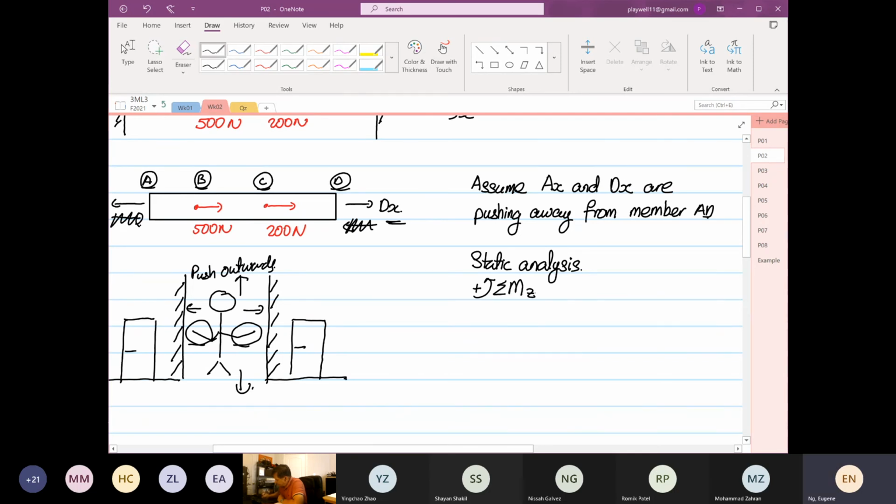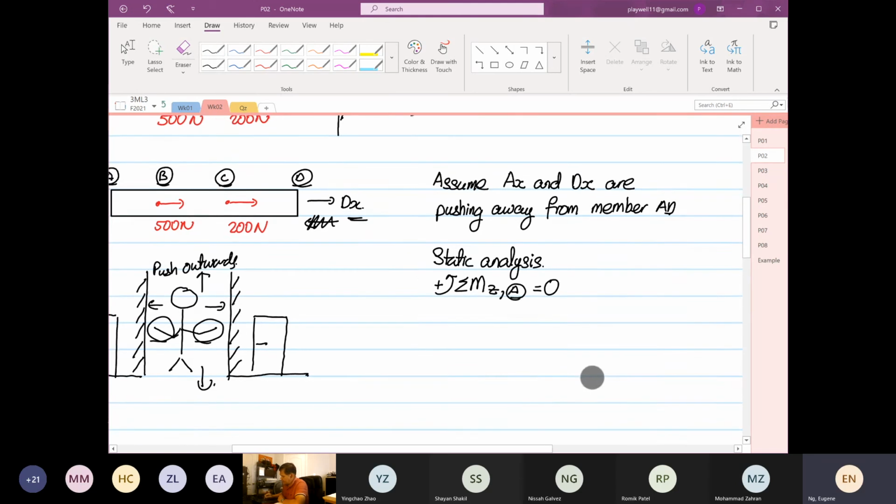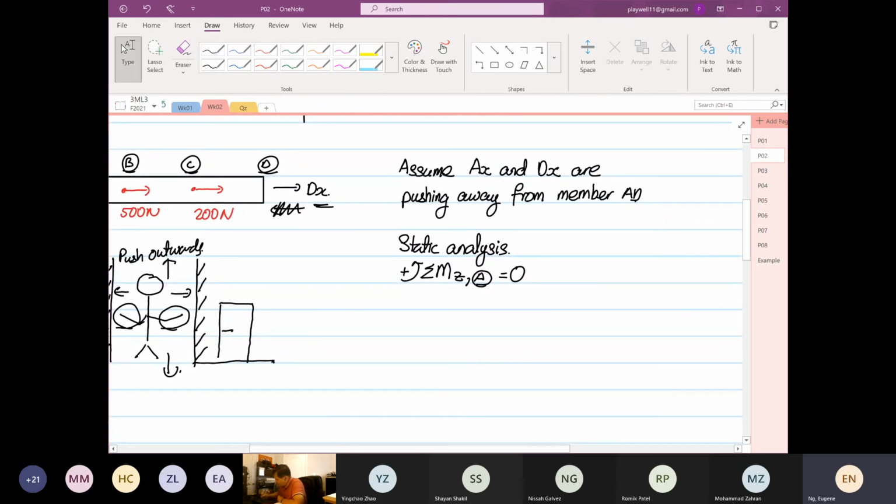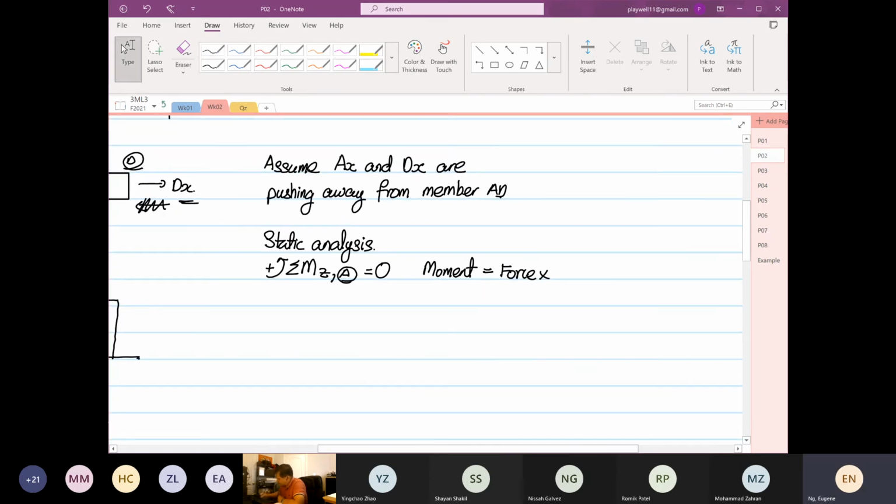about the z-axis at point A is equal to 0, right? And you cannot form any equation, right? Because moment is equal to force multiplied by perpendicular distance.